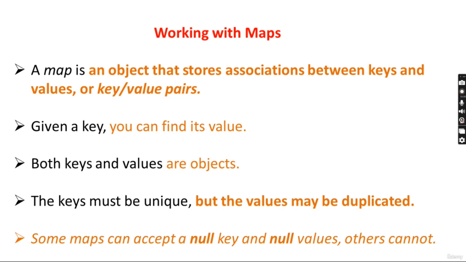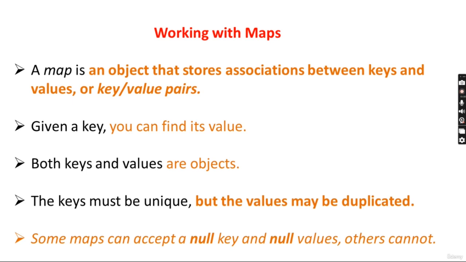A particular key is used to open a particular lock; not every key is available for every lock. Every lock is different, every key is different, and every value is different. Both keys and values are objects. The key must be unique, but the values may be duplicated. Some maps can accept a null key and null values; others cannot.